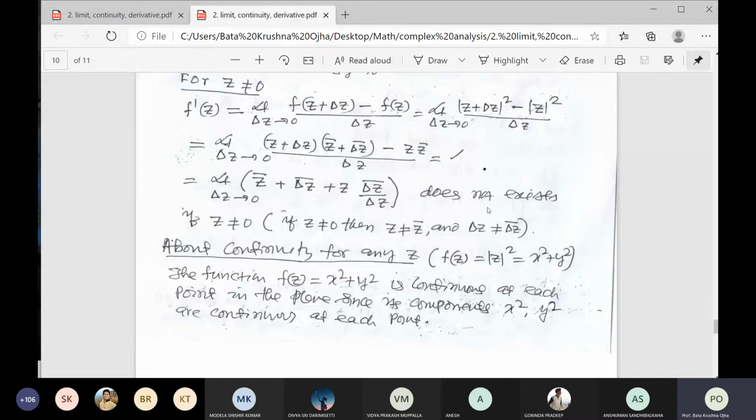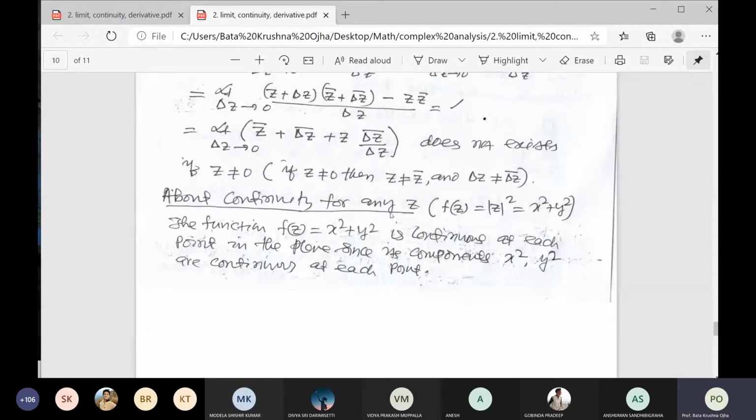So this result does not exist. Now about the continuity at any z of mod z square, which is equal to x square plus y square: this function is continuous at each point in the complex plane, since the components x square and y square are both continuous at every point.